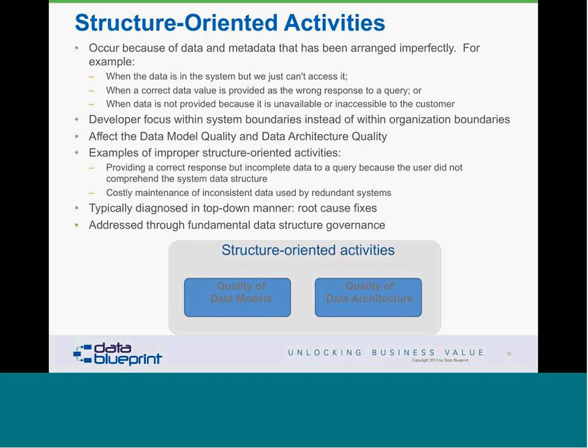These occur when, for example, the data is in the system, but we just can't get to it, where we have a correct data value provided as the wrong response to a query, or when data is simply unavailable or inaccessible in this area. And the reason we have this challenge is because developers, when they're building, focus within system boundaries instead of within organizational boundaries or across boundaries. These structure-oriented activities affect the data model quality and the data architecture quality.